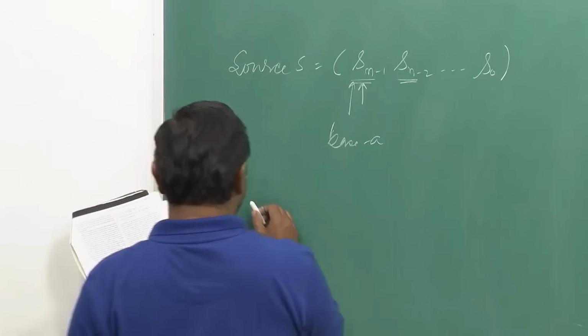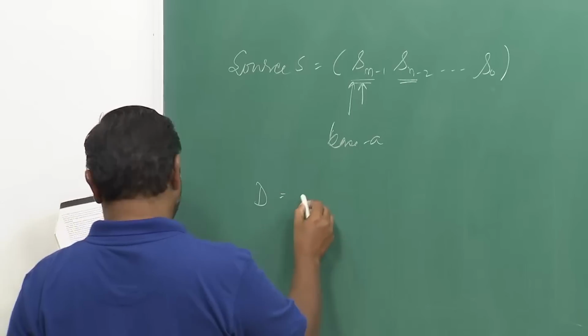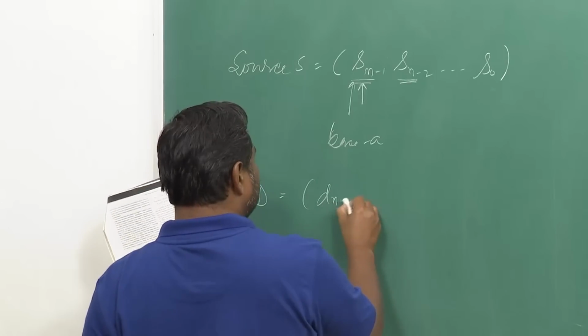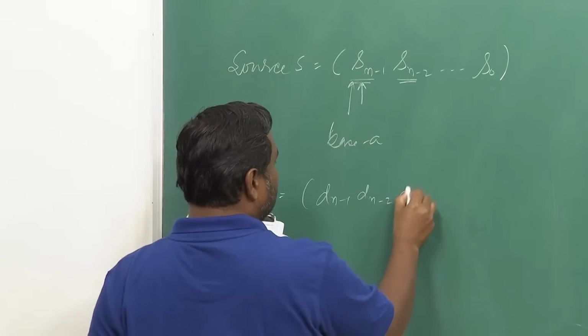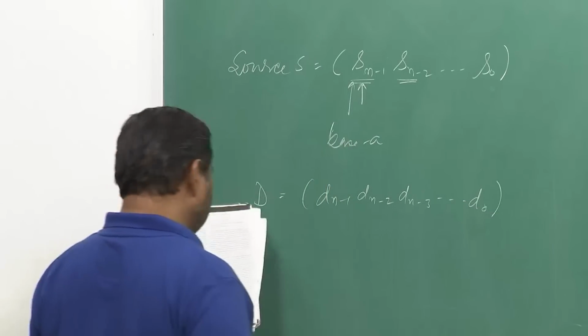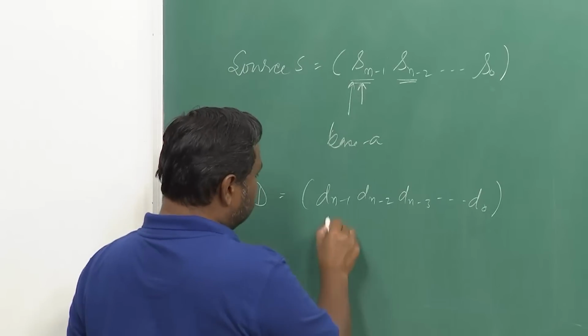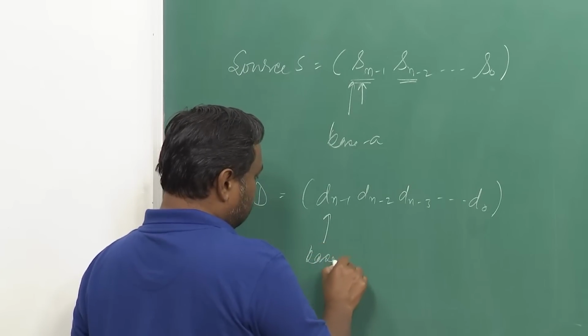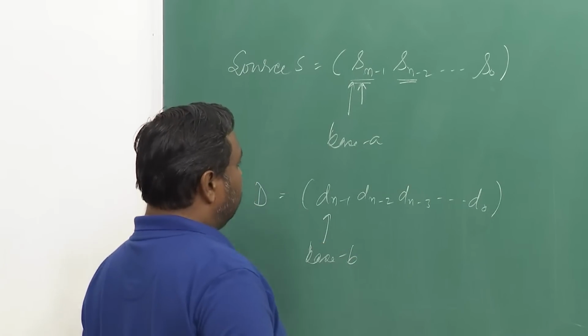Similarly, I am actually representing destination D as which I have written there d n minus 1, d n minus 2, d0 and this will be in base B system all digits. Okay.